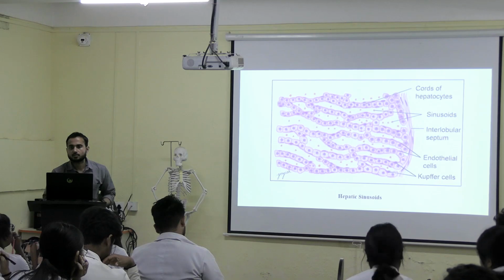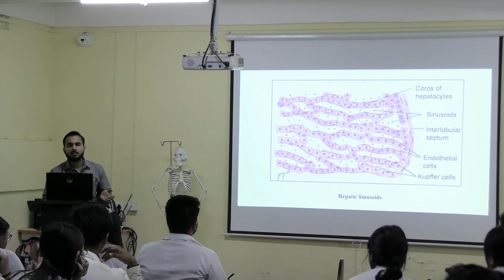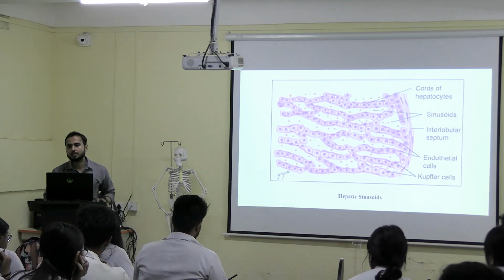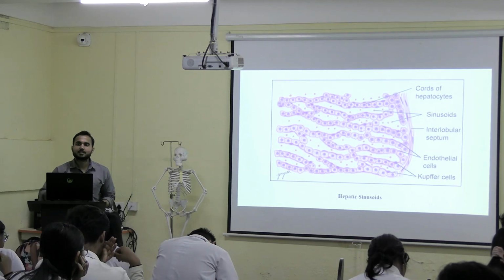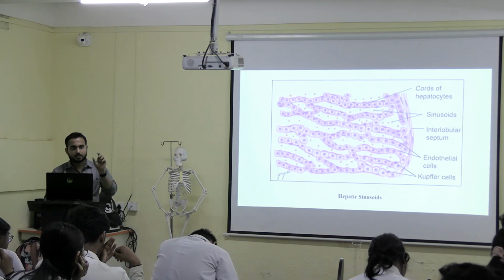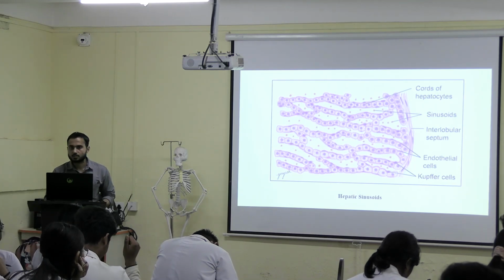What is present in the sinusoids? Just now I mentioned sinusoids are fenestrated, along with that endothelial cells are present. The endothelial cells in the hepatic sinusoid are not continuous with each other.